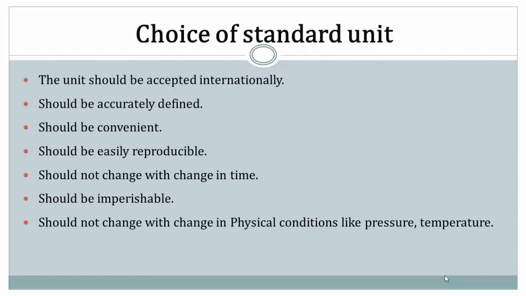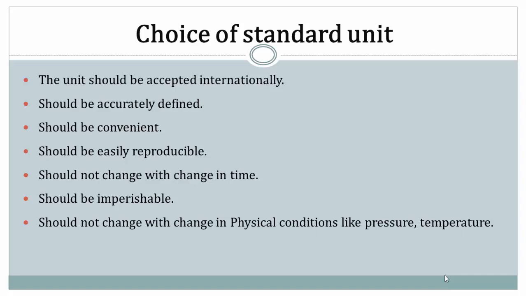Choice of standard unit. So we have to choose a standard unit depending on certain conditions. Let us see them one by one. The unit chosen should be accepted internationally. It means there must be no confusion between the nations in usage of a unit.